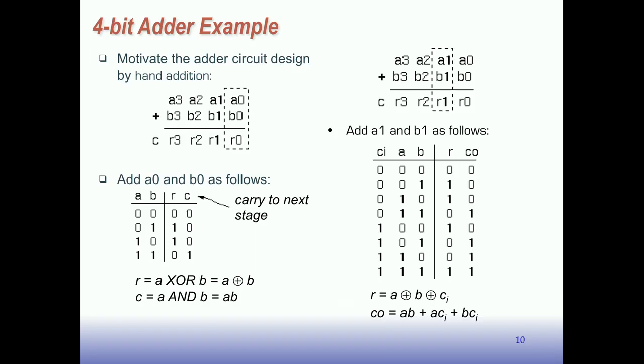So then what we do is we can break down what we need to do for column 0 into a truth table here. And then we can break down what we need to do for the other columns. The other columns are more complicated because the other columns might get a carry in from the previous column as part of it.